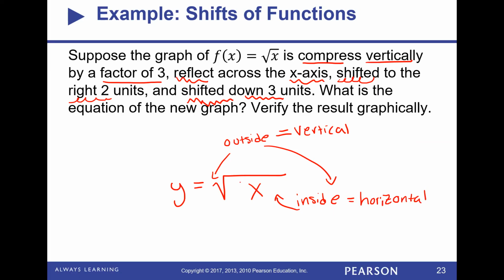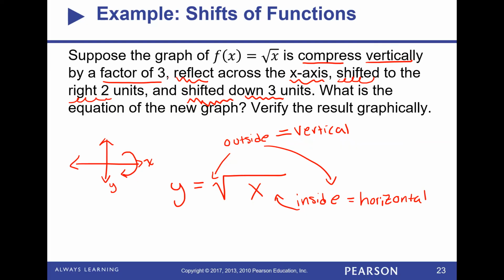Okay. Now, compress vertically, so that means I have to go outside there. Reflect across the x-axis. Again, I forget which one it is, so let's just draw our grid lines there. Here is my x and here's my y. So I'm reflecting across the x-axis, which looks like I'm vertically reflecting. So that should go on the outside.